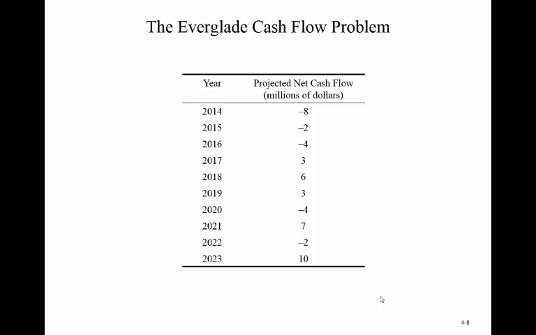Now, the example through the chapter was this Everglades cash flow problem, and what it was is they had a projected cash flow each year for 10 years. It varied from a negative number to a surplus amount of cash coming in.